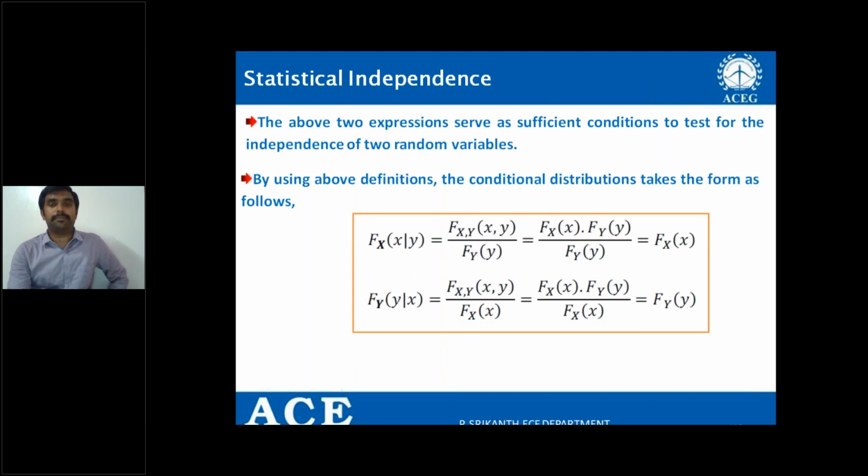If they are statistically independent, then we know the conditional distribution function F_X(x given y) is F_{X,Y}(x,y) by F_Y(y). If the two random variables are statistically independent, ultimately the conditional distribution becomes the distribution of the random variable x itself. Similarly, the conditional distribution of y becomes the distribution function of y itself.